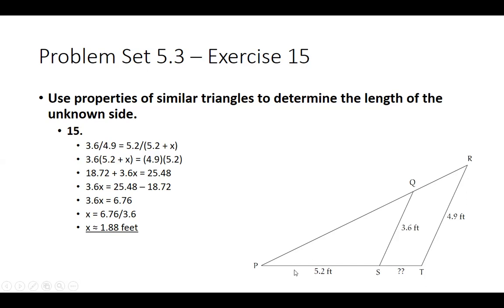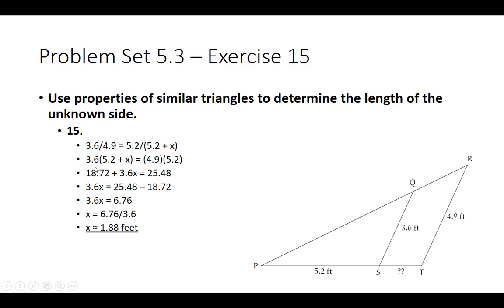Keeping the smaller triangle on top, this piece of the smaller triangle is 5.2. The corresponding piece of the larger triangle would be 5.2 plus x. So 5.2 on the top, 5.2 plus x on the bottom. Cross multiplying, we would have 3.6 times 5.2 plus x equals 5.2 times 4.9.